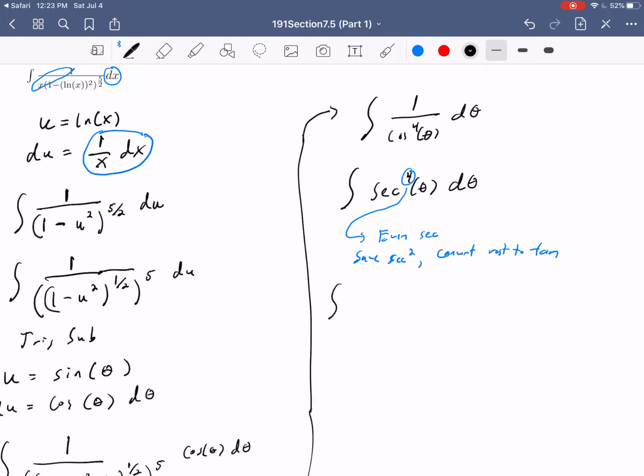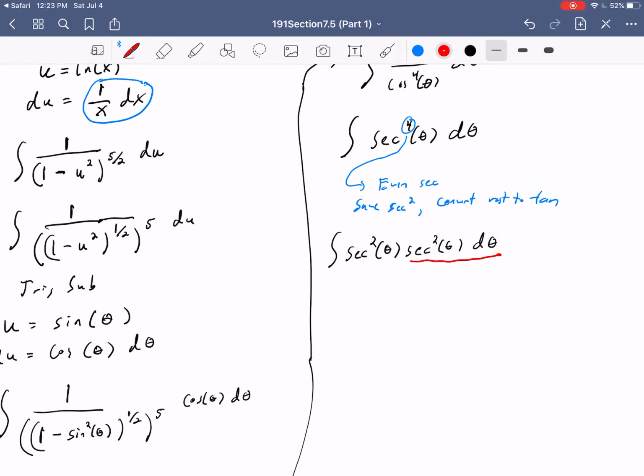So we're going to rewrite this as secant squared, and again, we're going to underline this second one because we're not going to mess with that. Then we can go ahead and replace this secant squared. We know that 1 plus tangent squared is the same as secant squared. So we get 1 plus tangent squared, secant squared d theta.